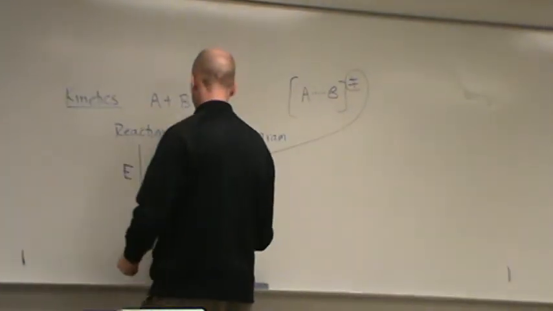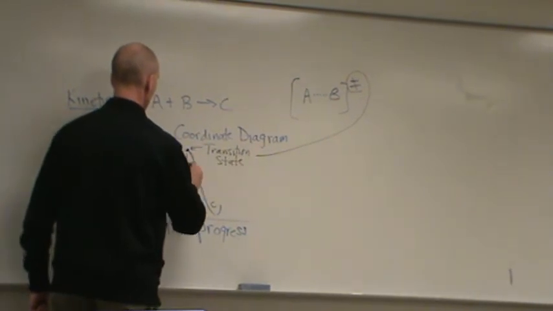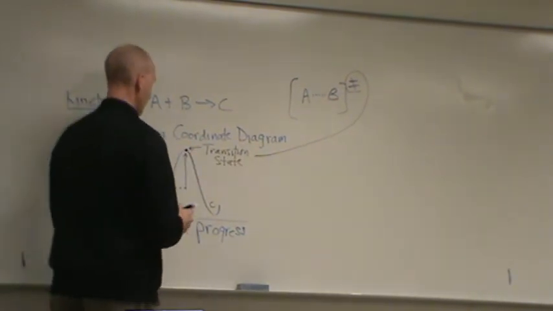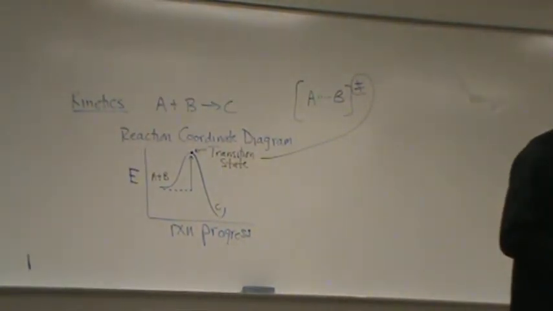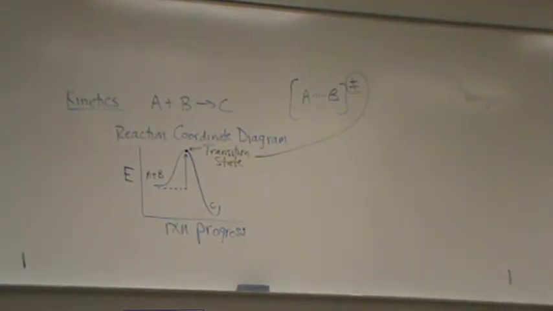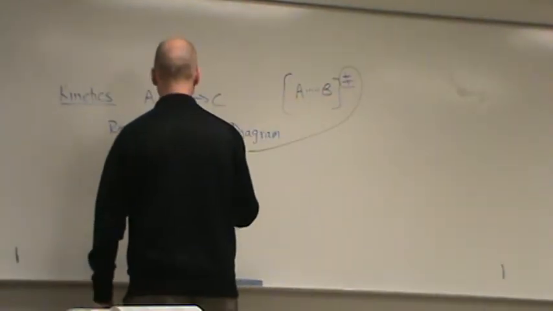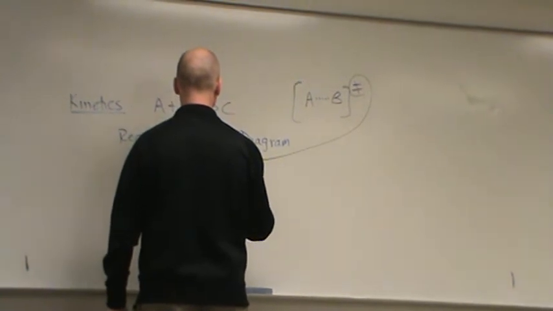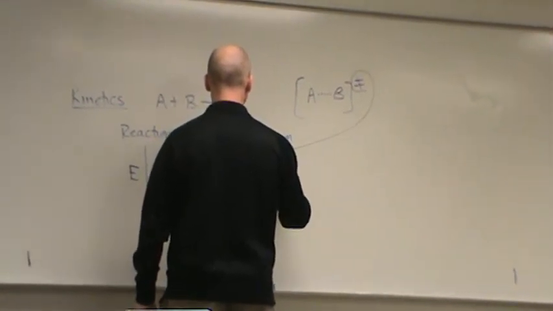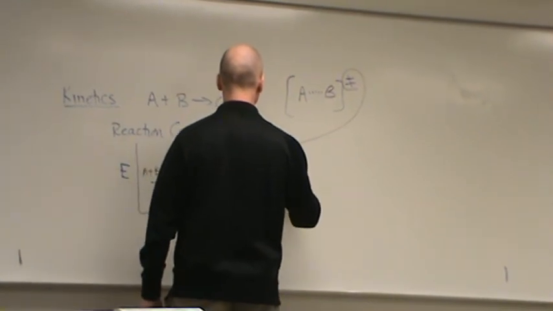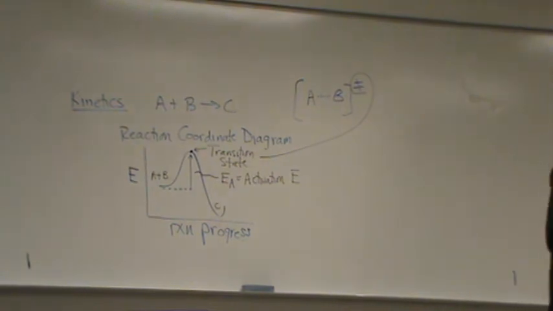Okay, the next thing here that we'll look at is the height of that hill. Okay, the height of that hill is what we call EA, or the activation energy.